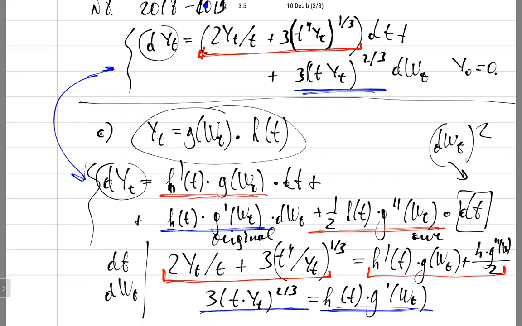But if you omit the long, tedious calculations of the limit in L2, the only tool we have to calculate dyt is Ito's lemma. We have not studied other tools to calculate dyt.